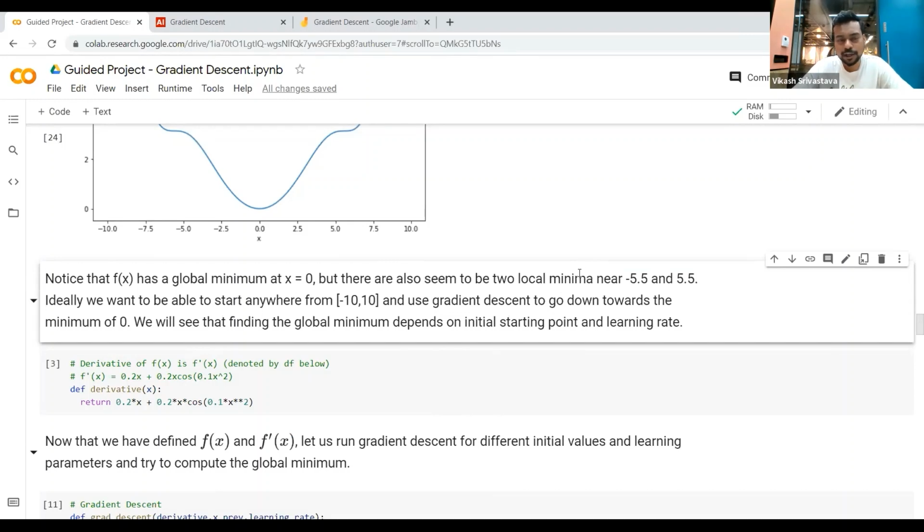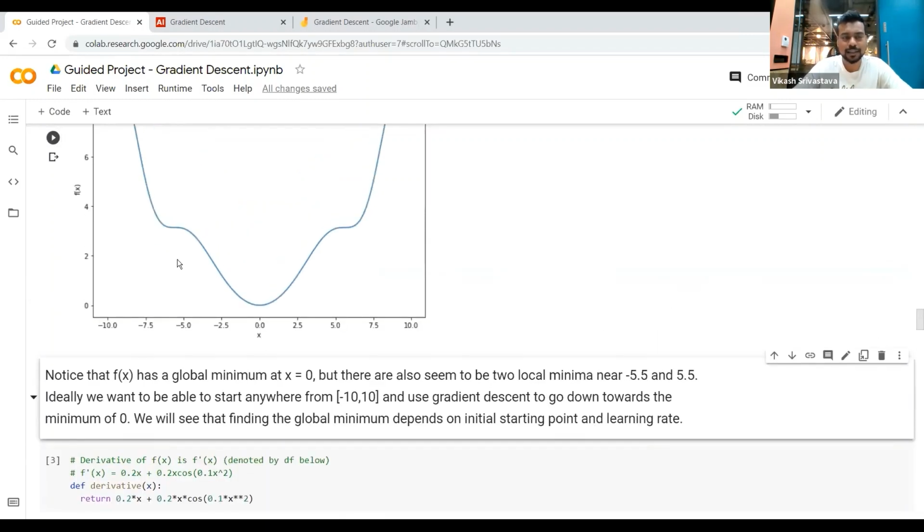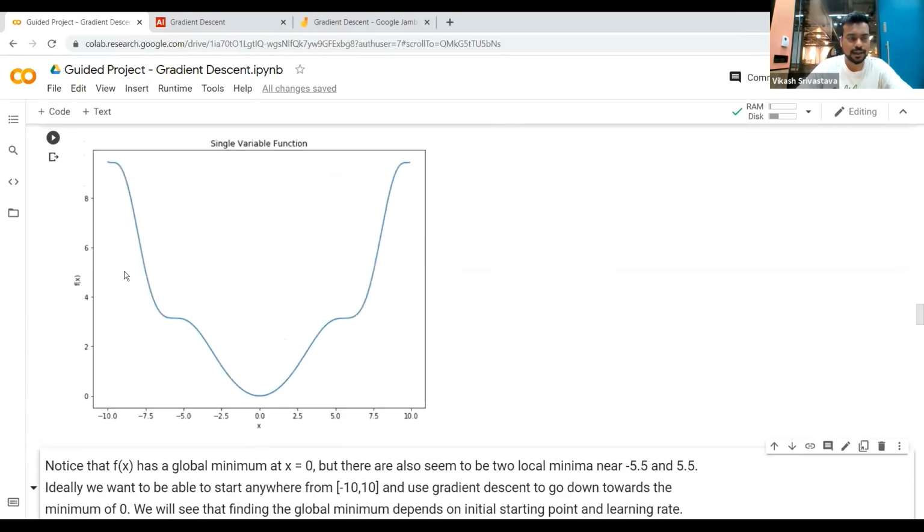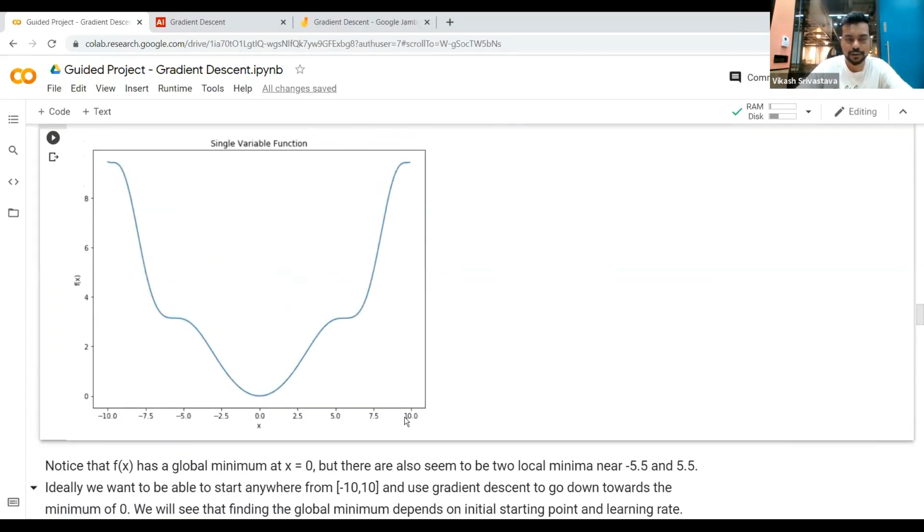Rather than local minima, we'll say these are saddle points at -5.5 and 5.5. Let's call them local minima just for comparison's sake, but we know these are saddle points. The range of x is -10 to 10 here, and this is how the function looks.